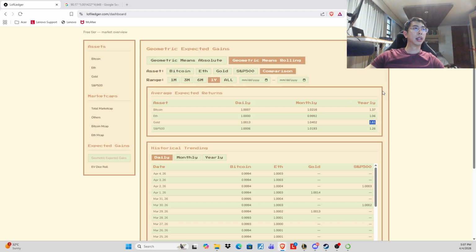Gold is doing 61% year on year if you just look at the past year's performance, while Bitcoin and the S&P are doing pretty similarly. ETH is massively underperforming on the 1 year time frame. So this comparison tab is useful in comparing it. But again, you really have to look at all the data to get a clearer picture of what's happening.